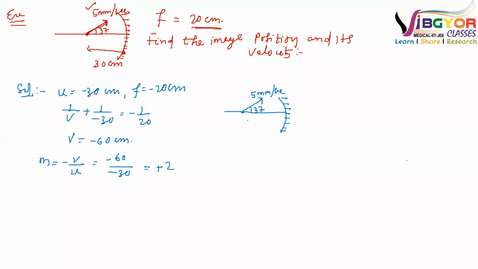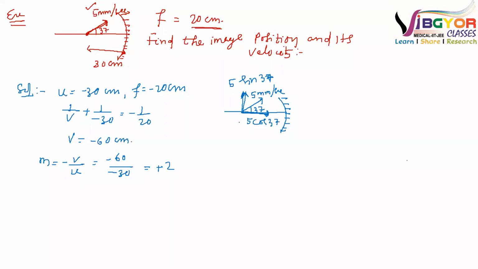So along this horizontal, you will get a component 5 cos 37, and the perpendicular one will be 5 sin 37. That means we have just found the formulas for object velocity and image velocity when the object is moving along the principal axis and when it is moving perpendicular to the principal axis. The velocity along the principal axis is 5 cos 37 and perpendicular to the principal axis is 5 sin 37.